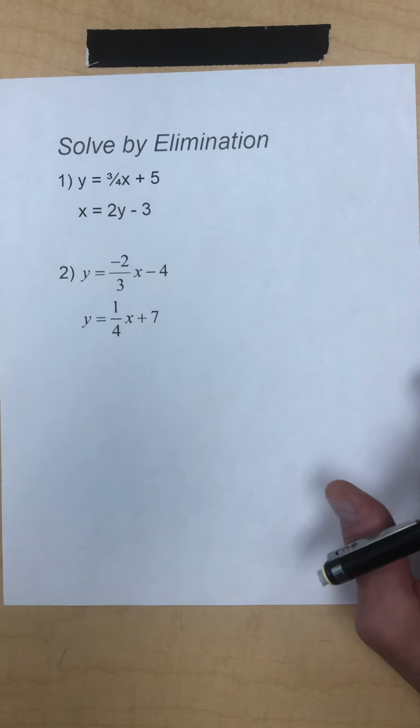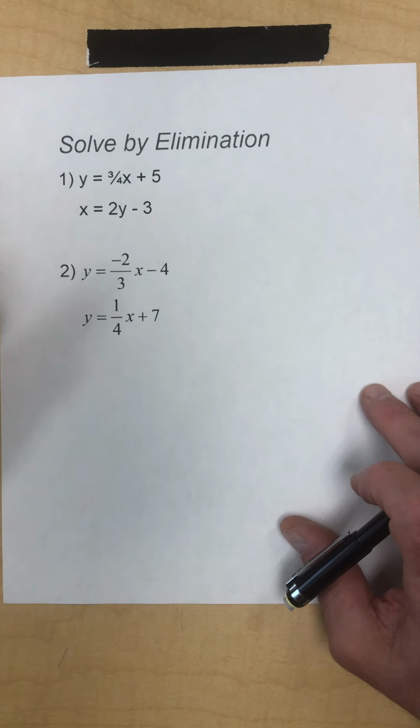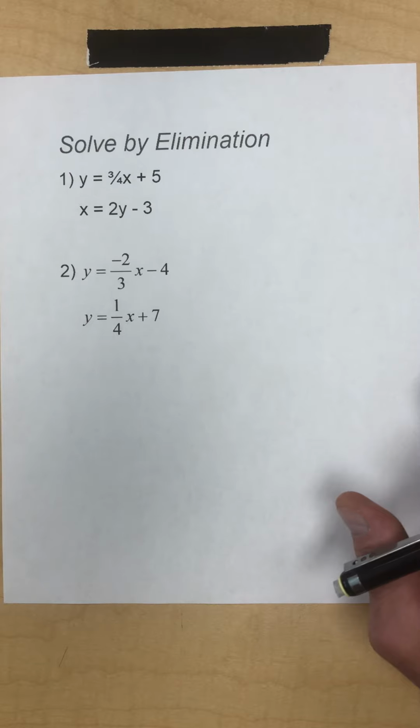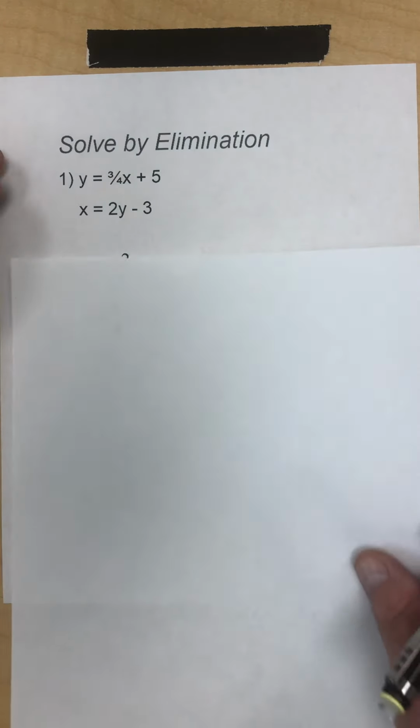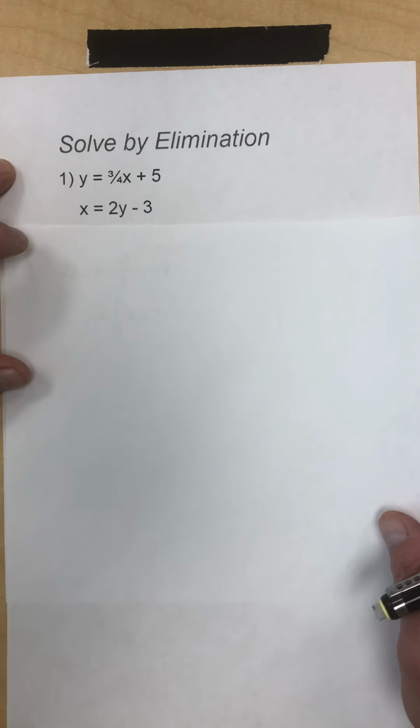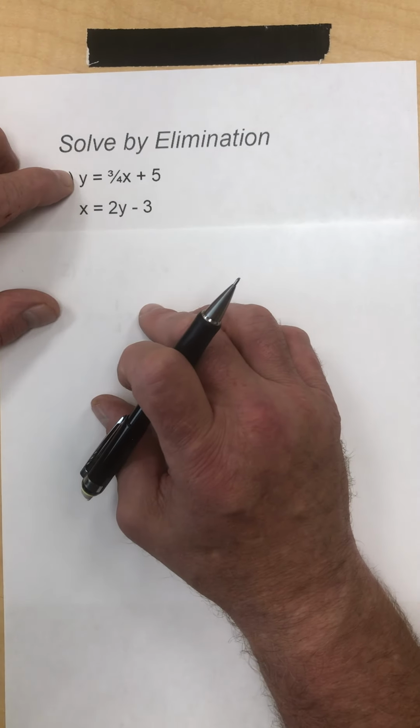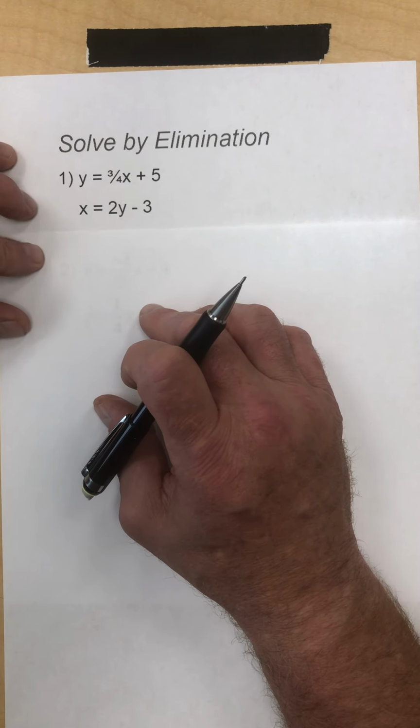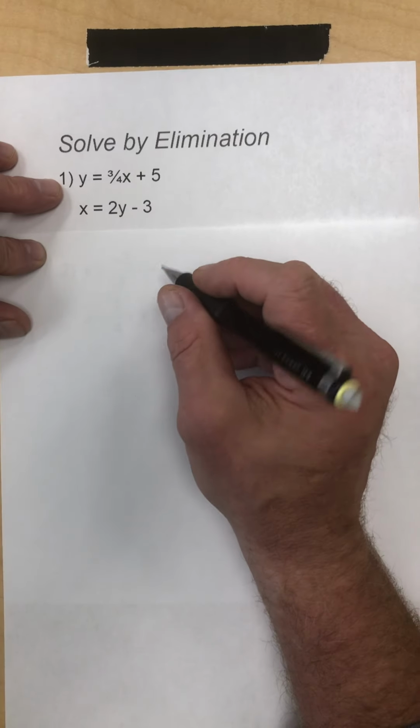Let's try a couple more of those. These are good to look at because these have fractions, and I told you if they had fractions, I'd get rid of the fractions first. So this top one, I have to get rid of the fraction. How do you get rid of that 3/4?